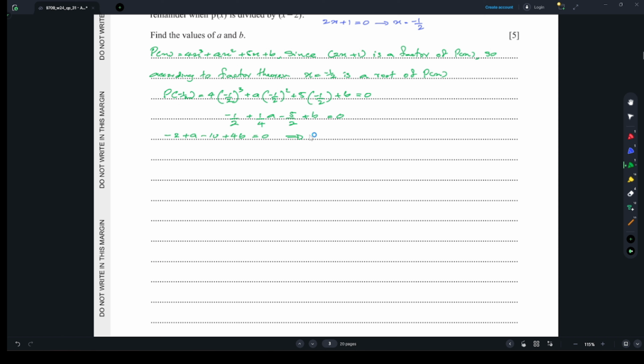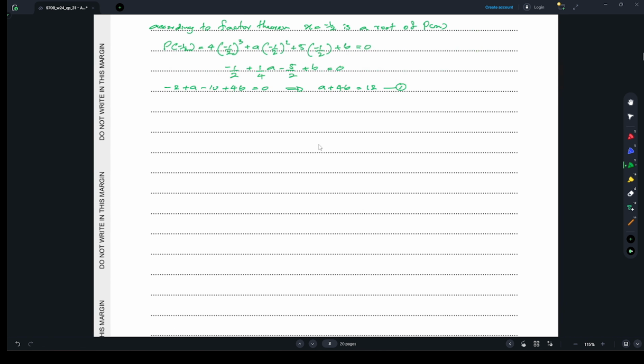From that, if I make only a and 4b the subject, I can write a plus 4b equals minus 2 minus 10, minus 12 goes to the other side, so plus 12. Let's take that one as the first equation.